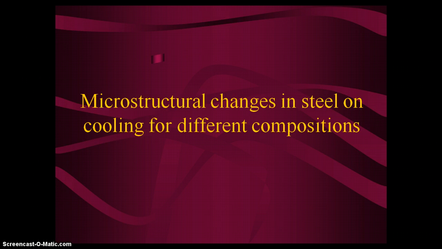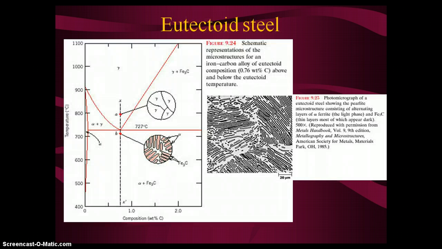These microstructural changes in different compositions we call microstructures for iron carbide, starting with the eutectoid composition, that is 0.76 percentage of carbon added to the steel.